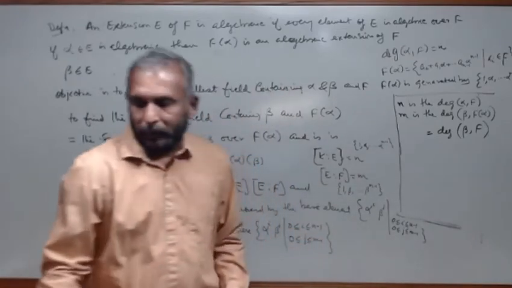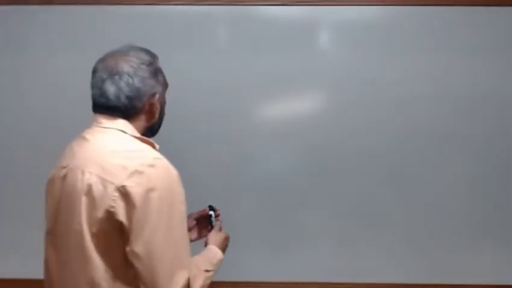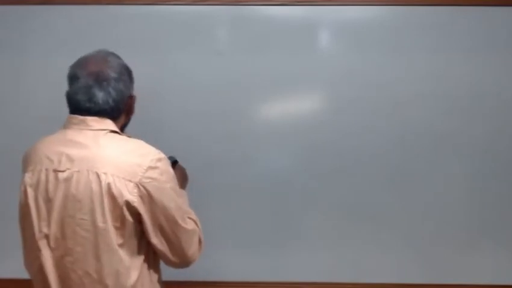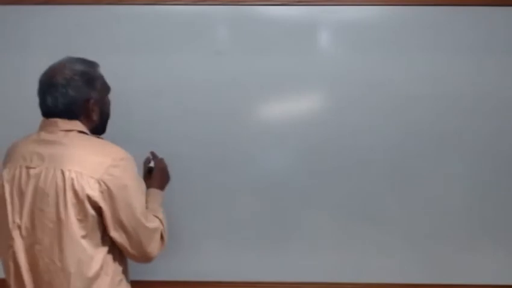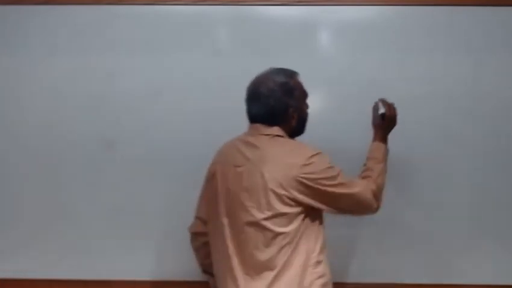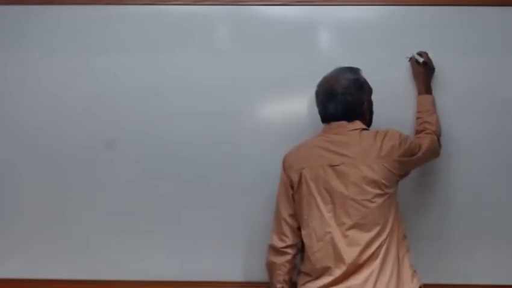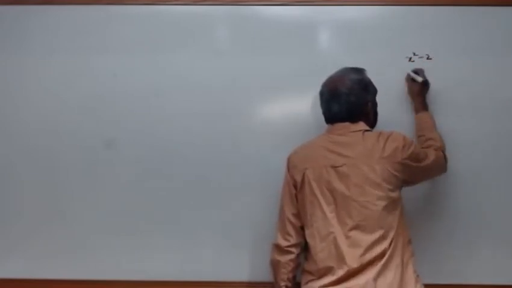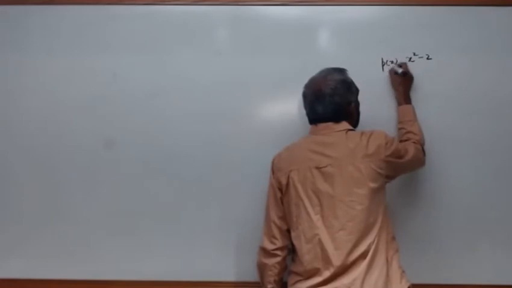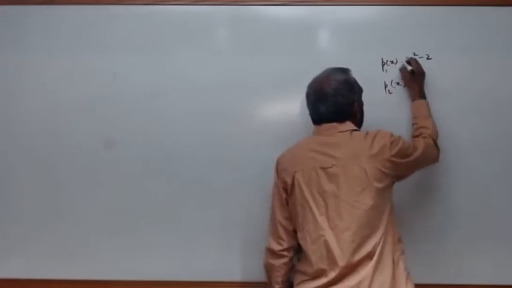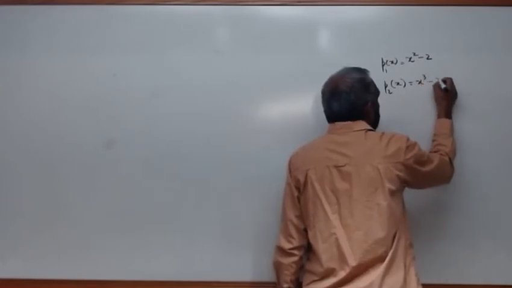All right, we'll do some examples. Let us do some examples here. We'll take two polynomials in Q[x], x² − 2 and x³ − 2.